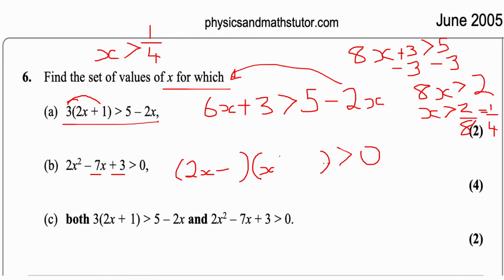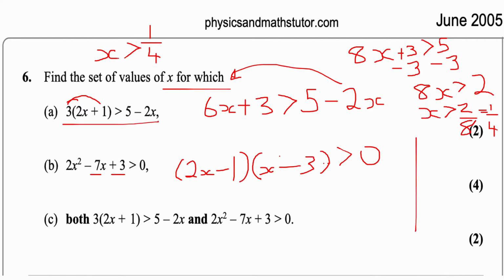So two numbers that add to give me -7 and multiply to give me +3. Bear in mind that one number is going to be doubled. If I put a 3 here and a 1 here, I get 2x squared minus 6x minus 1x, which gives me -7x, and then -1 times -3 is +3.